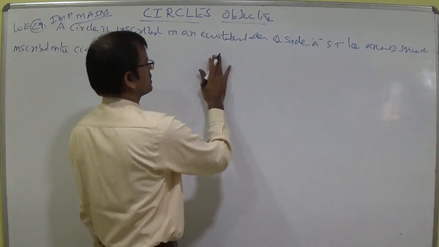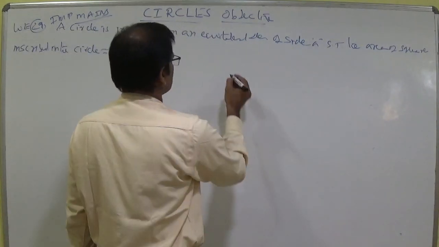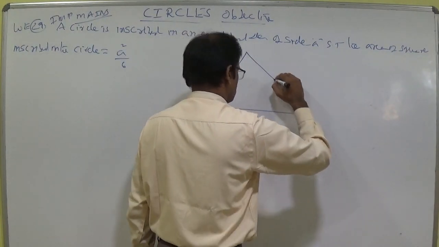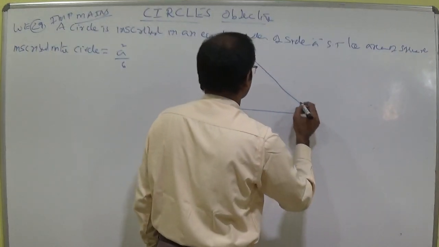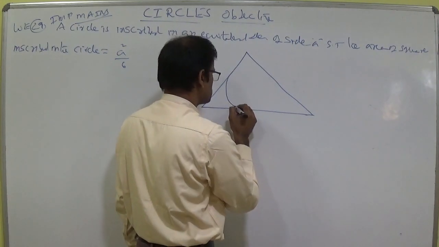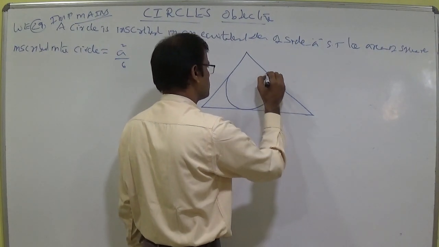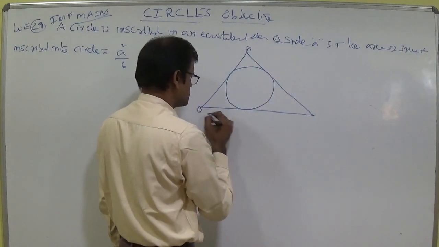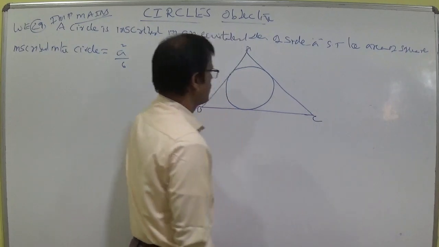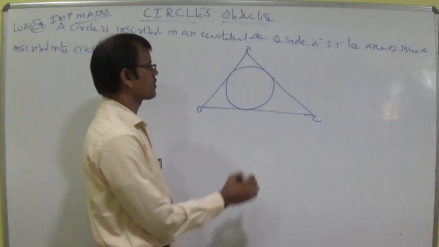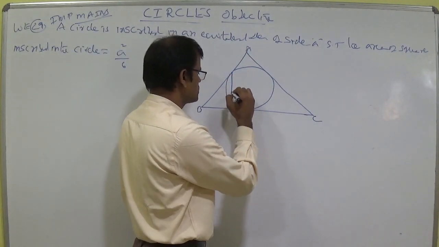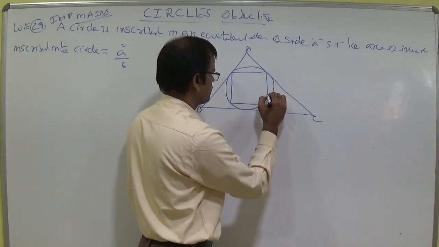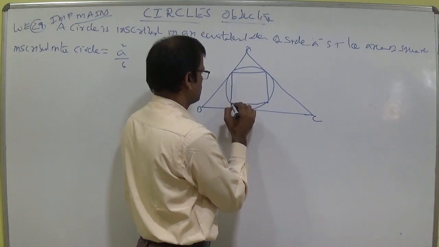It depends upon many concepts. A circle is inscribed in an equilateral triangle. Let us draw the triangle, and in the triangle a circle is inscribed. Put here names A, B, C. In the circle, a square is inscribed. Let this be the square PQRS.